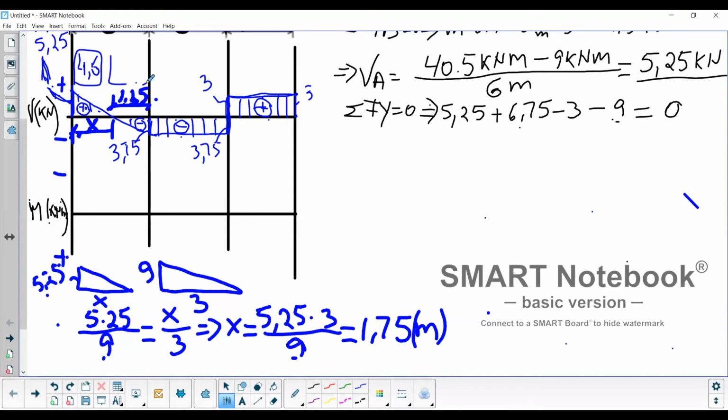The area number 2 is 3.75 times 1.25 divided by 2, and you get 2.34 after doing the math.